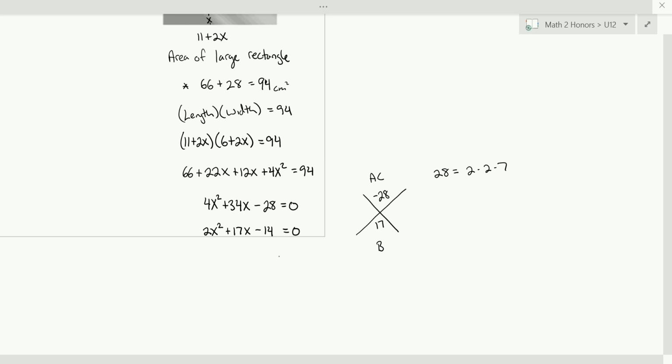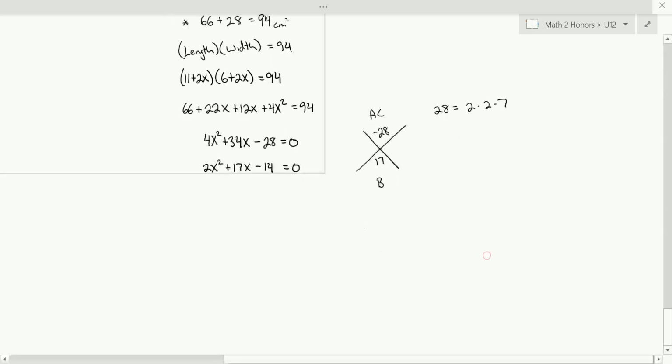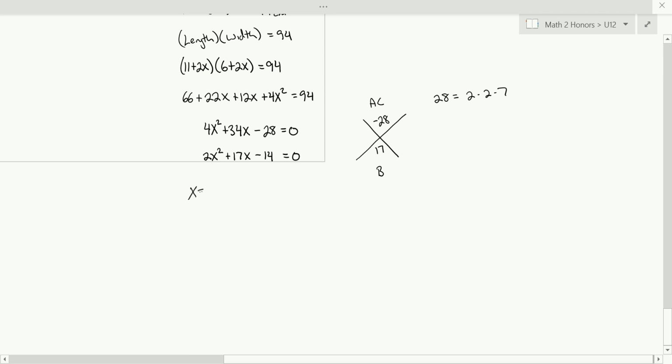So go ahead and use it and figure out how wide that frame should be. On the test, you will be able to use your calculator.